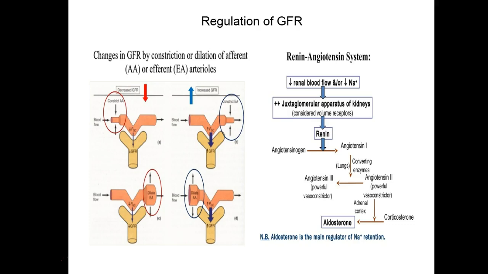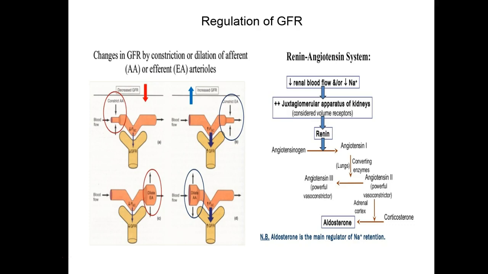So local, and then the hormonal control is this renin-angiotensin system. If you have decreased blood flow coming into the glomerulus, that, remember, comes in the afferent arteriole. That afferent arteriole is surrounded by cells, which we call the juxtaglomerular complex.